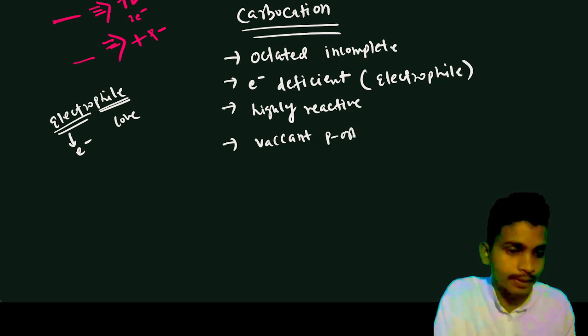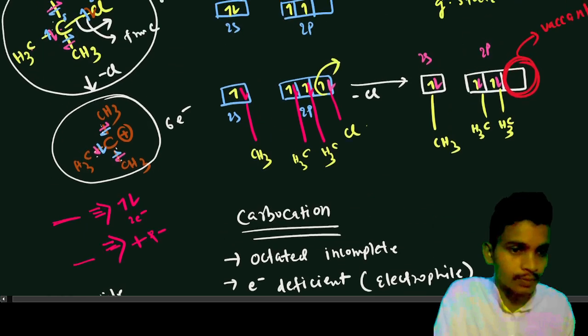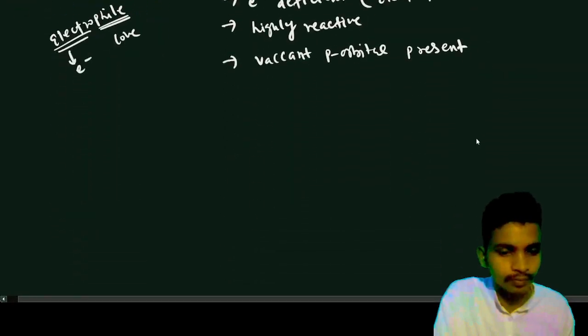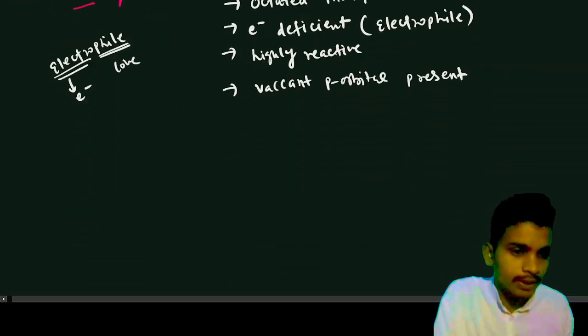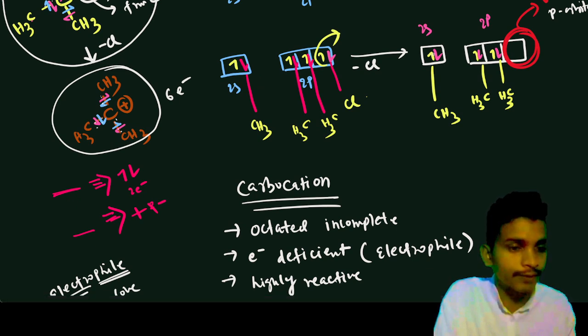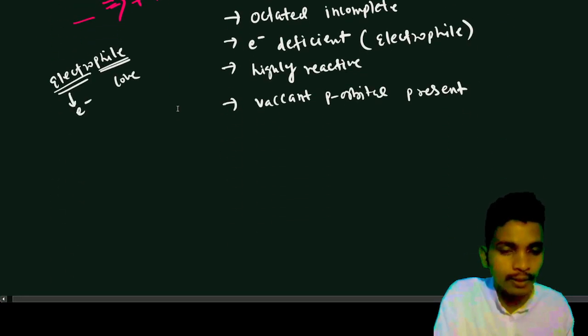Vacant free orbitals. That's what we see here: it has the vacant p orbital. Although it has a vacant p orbital, whenever you count the electrons, all are paired. 1, 2, 3, 4, 5, 6. It means that all electrons are paired here.